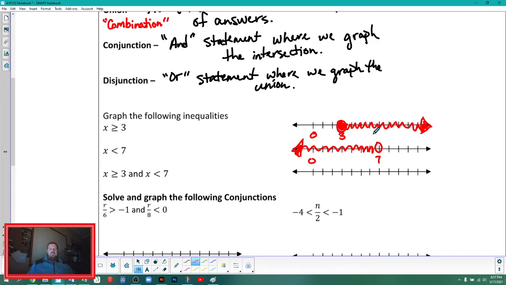And so when we combine them to give us x is greater than or equal to 3 and x is less than 7, we're only shading where these two solutions overlap. So as we can see, if we pull this down, I'd love it if those were grouped, and they're not going to be. Here, let me do it.